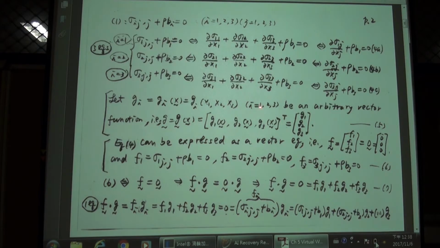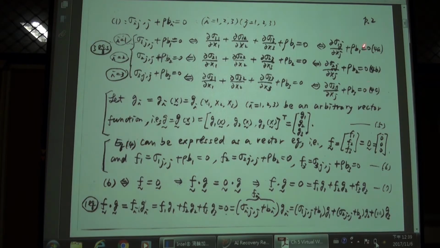Now, we have one vector here. We have another vector here. The first vector is the three equilibrium equations. The second vector is the arbitrary function, g vector. So we can take the inner product, okay? Let me stay here.